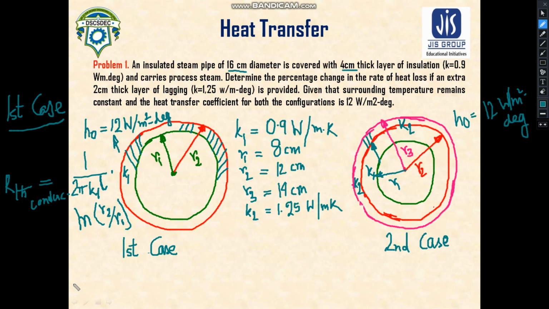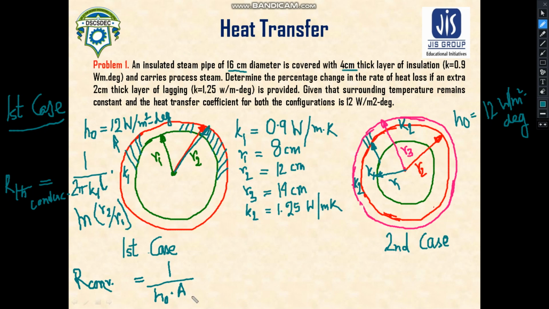And now let us deal with the convective one. So R convective is nothing but 1 by H0 into the area. So what will be the area? You need to consider this radius.